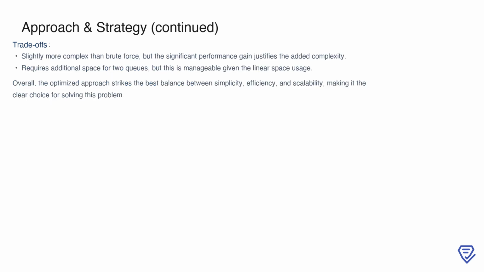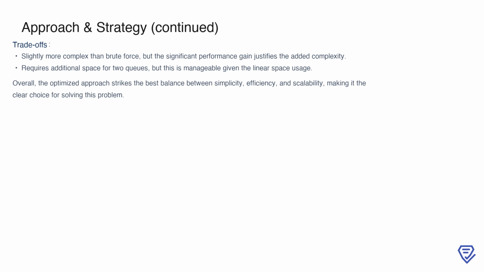While the optimized approach with two queues introduces slightly more complexity compared to the brute force method, the performance benefits are substantial and justify the added effort. The linear time complexity is a significant improvement, especially for larger inputs, and the space complexity of O(n) is manageable within this context.